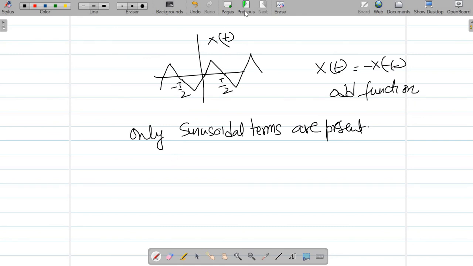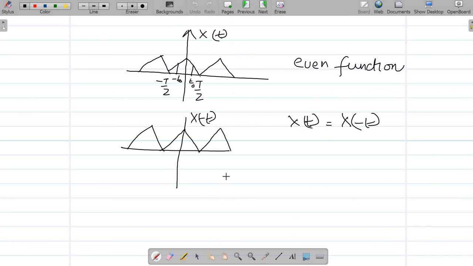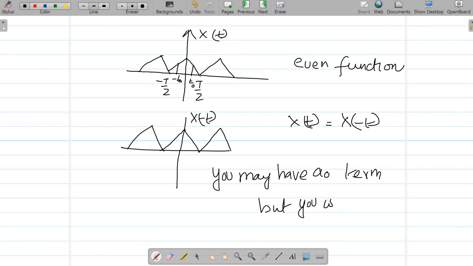So in the previous case, you may have the a naught term. In this case, you have the a naught term. In some cases, you may not have it, but you will have an terms. Bn terms will be equal to 0.